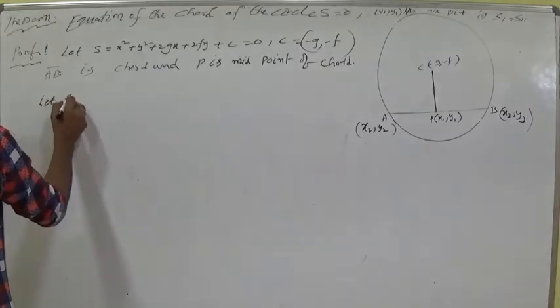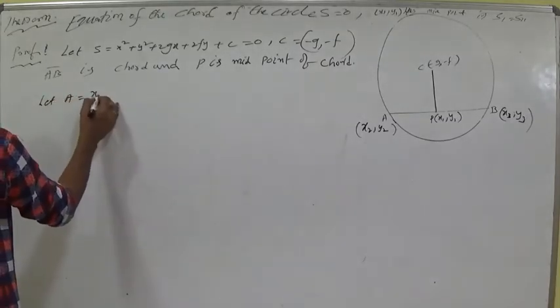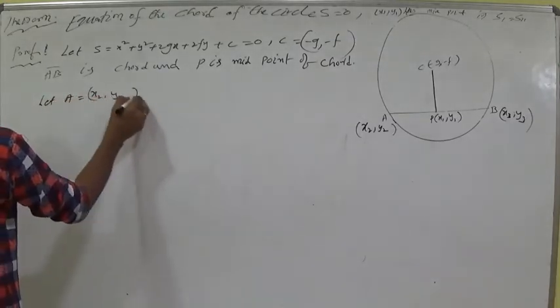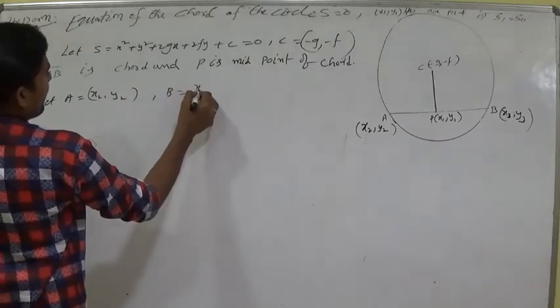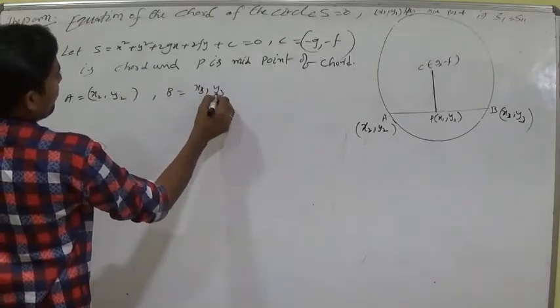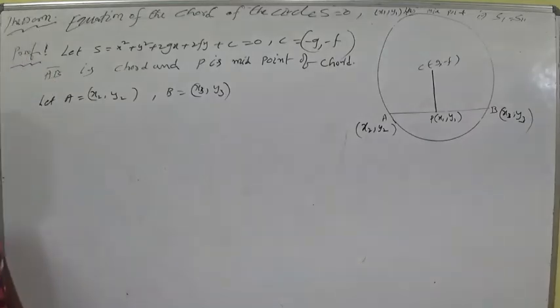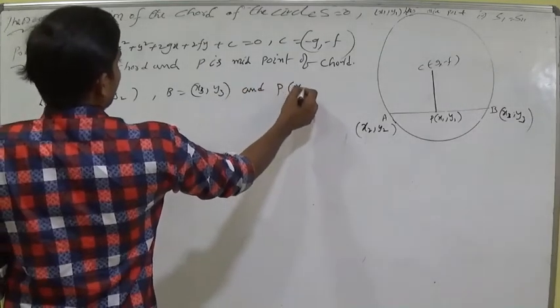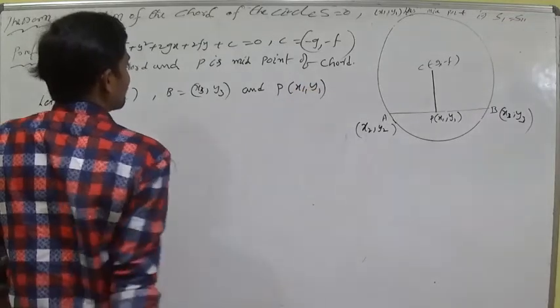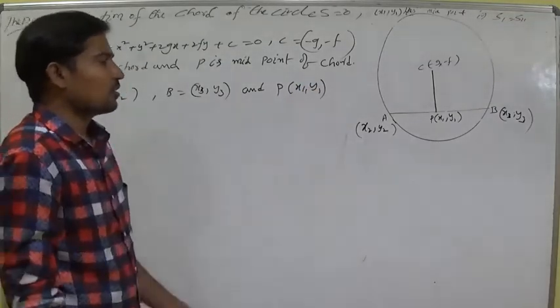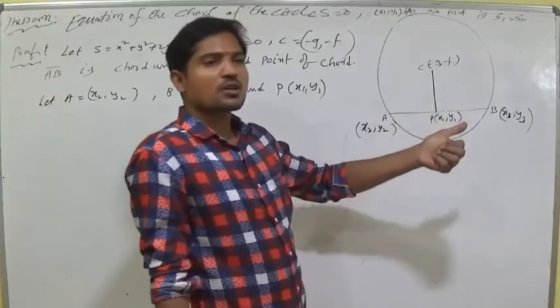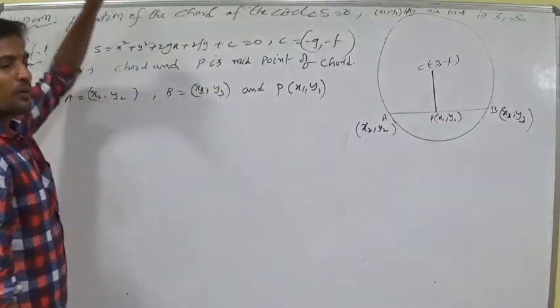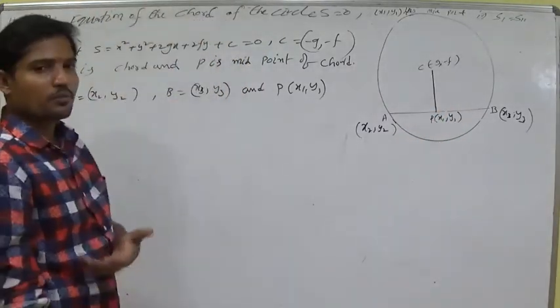Let A equal x2 comma y2, B equal x3 comma y3, and P is (x1, y1). This is the midpoint of the chord, so the midpoint of AB is P.